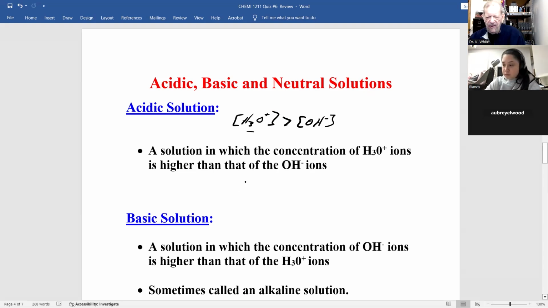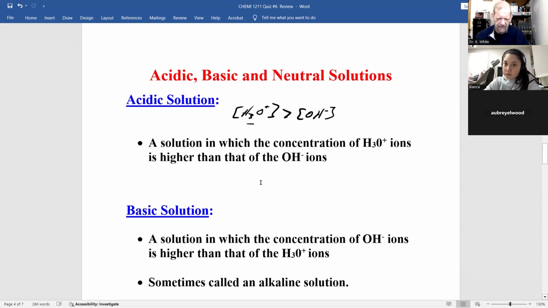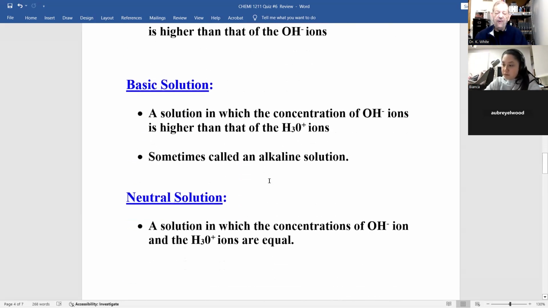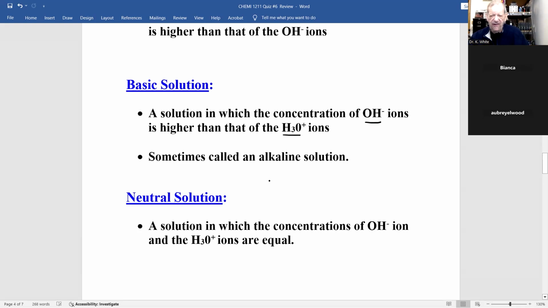So the hydronium H3O plus is greater than hydroxide for acidic. For basic solutions, sometimes called alkaline solutions, how many of you have heard of alkaline batteries? That's because the material in there is basic. Here, in a basic solution, the hydroxide ion is at a higher concentration than the hydronium.